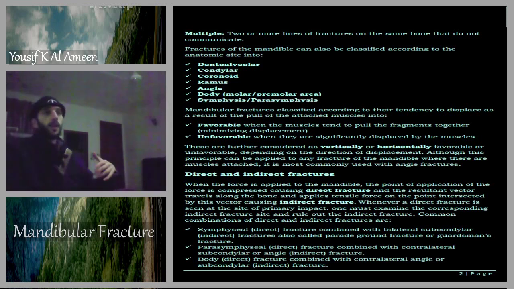Fracture of the mandible can also be classified according to the anatomic site, including dentoalveolar, and including condylar, coronoid, ramus, angle, body of the mandible, which includes the molars and the premolars, symphysis, parasymphysis.